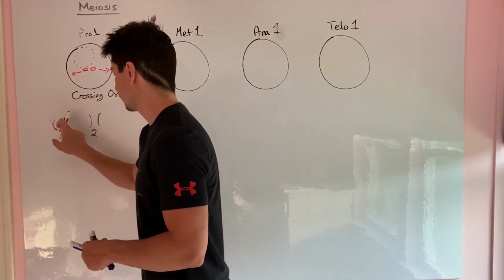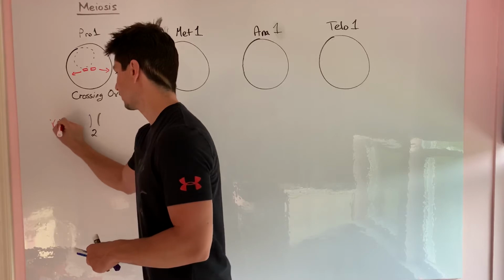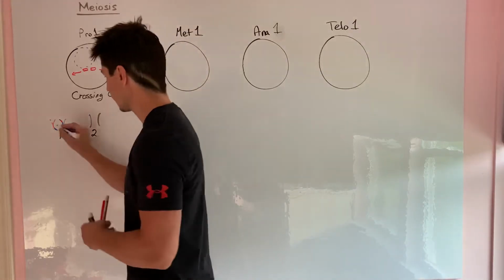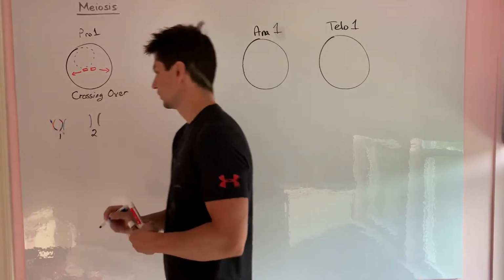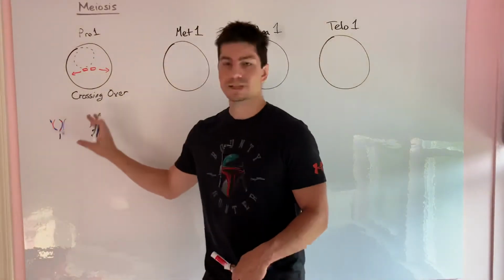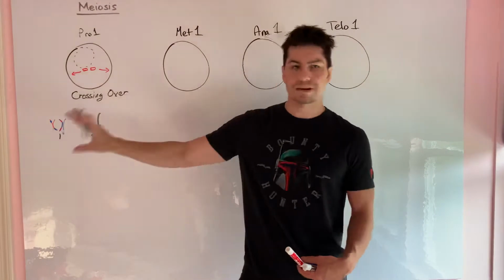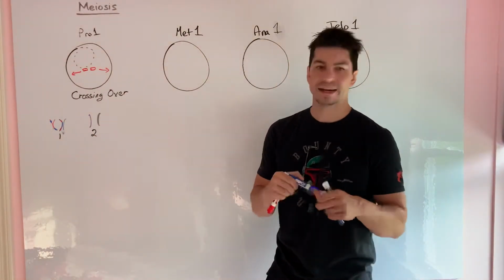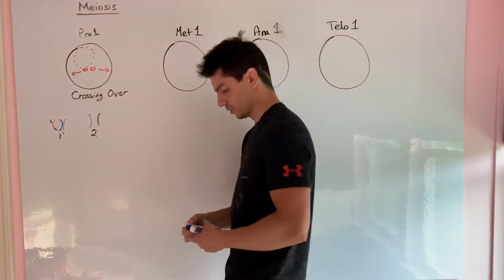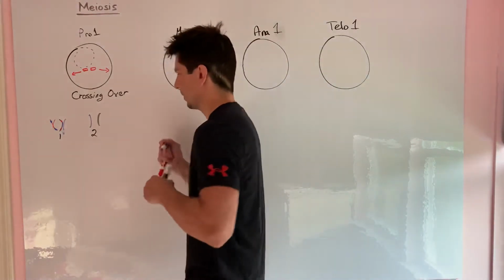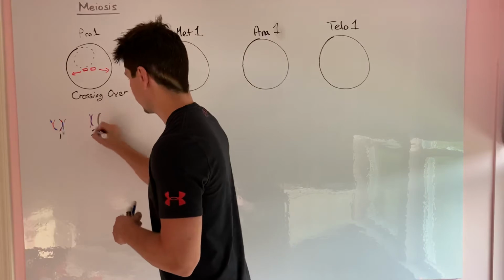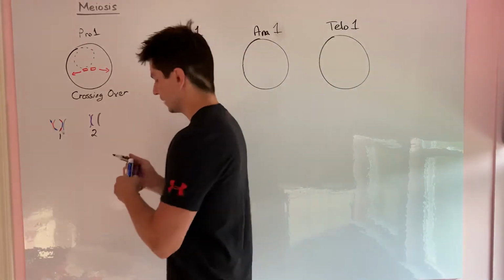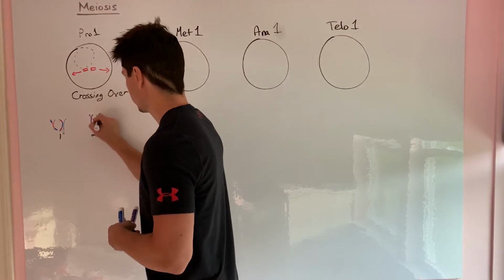And there's going to be more than just one place. It's going to be a bunch of places here. We'll have some red over there, some blue over there. In other words, guys, these are just going to be completely swapped everywhere in different places. So that way we have a nice blending of our two homologous chromosomes. And the same thing is going to happen over here with our purple and our brown.